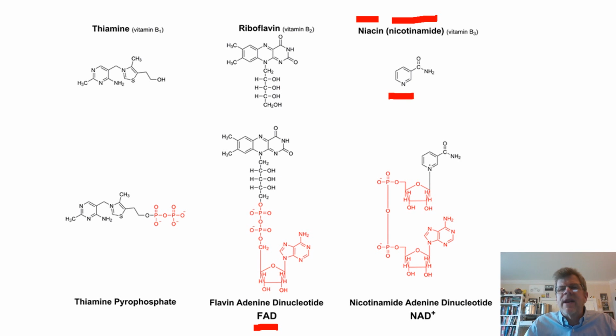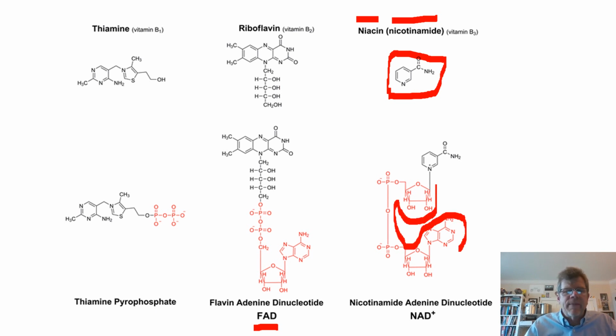Nicotine amide or niacin, vitamin B3. There it is. This is what we intake, and down here the body has to tack on a whole lot of other stuff in order to bring it into its active cofactor form, which is called nicotine amide adenine dinucleotide. Again, too long. So we always go to the acronym NAD.